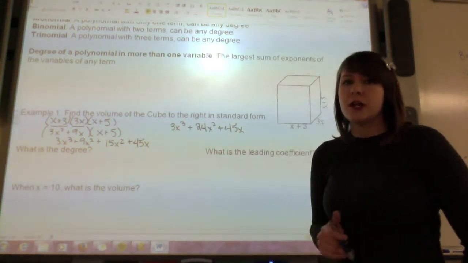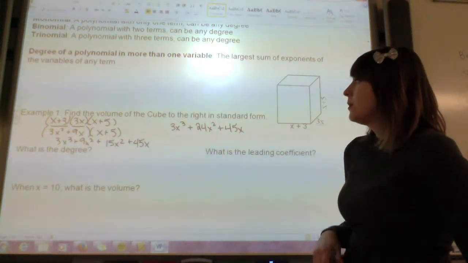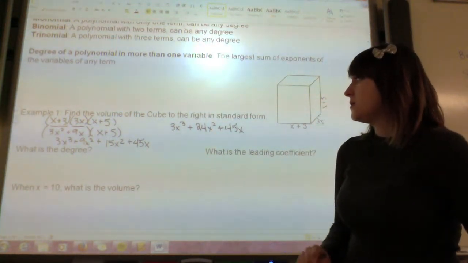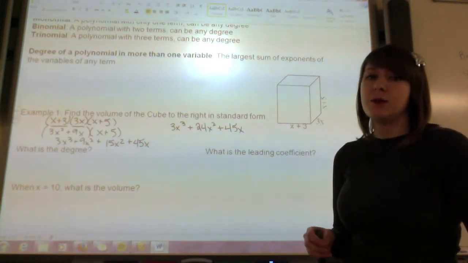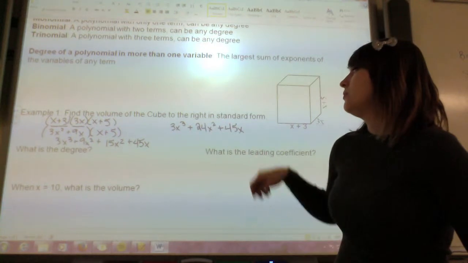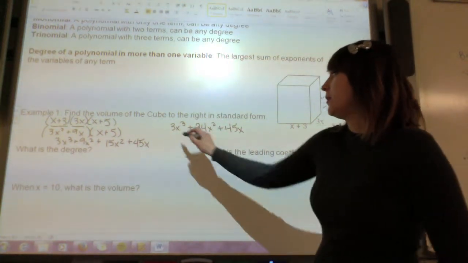Now I'm just going to check and make sure that that's in standard form. Remember that for standard form, I need to have my exponents in descending order, meaning I start with the biggest one. That is true, so this is my final answer.